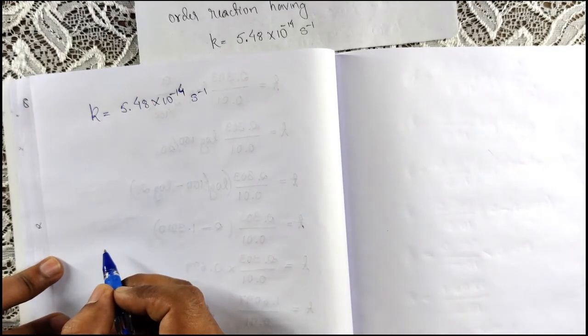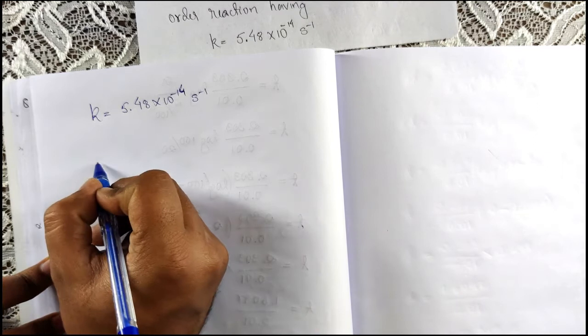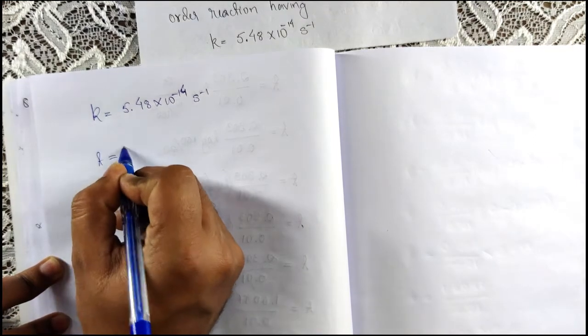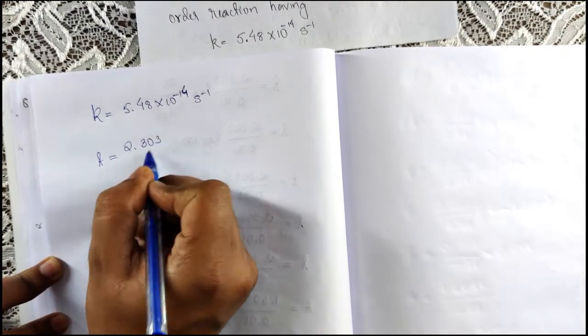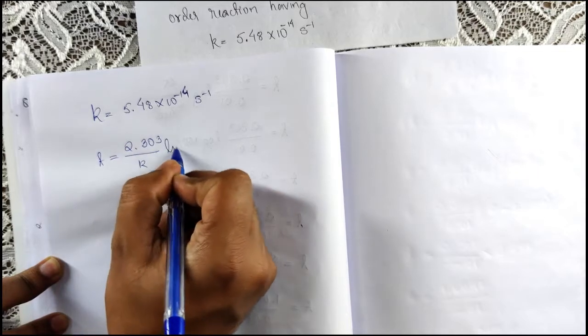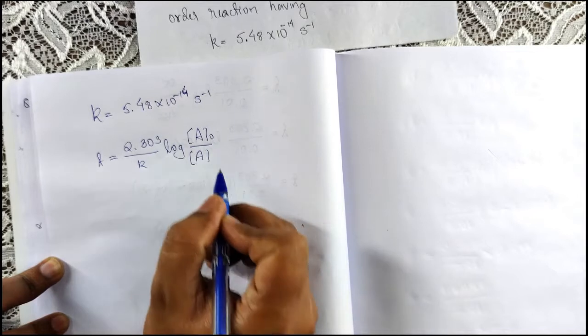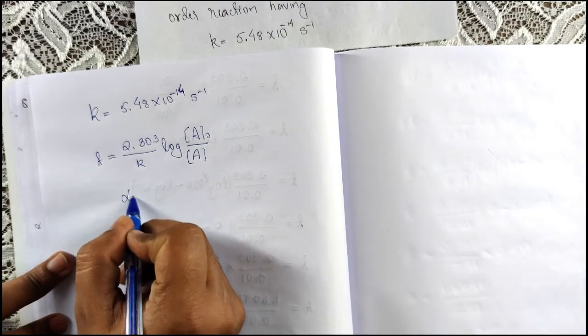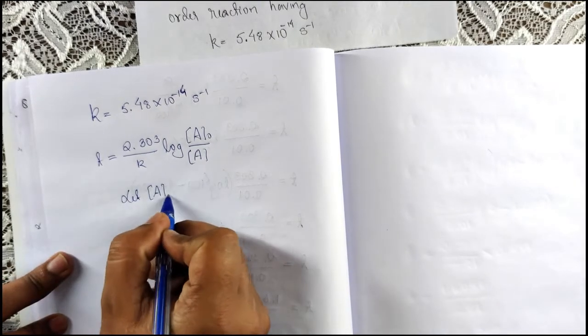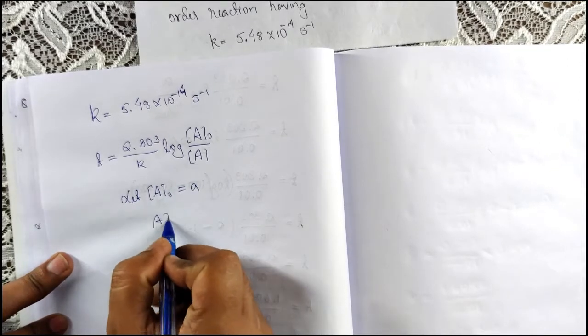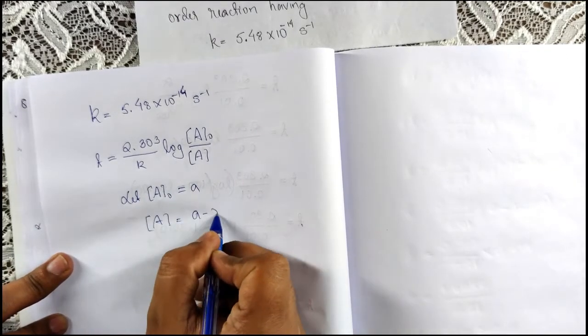So out here also we can use the same old formula, that is T is equal to 2.303 by K log A naught by A. So now we can say let A naught is equal to A and A is A minus XA.